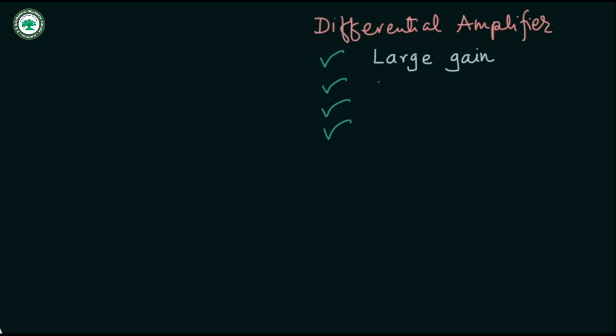The second thing about this differential amplifier is that it rejects the common mode signal, or in other words, the differential amplifier is designed to reject the common mode signal.